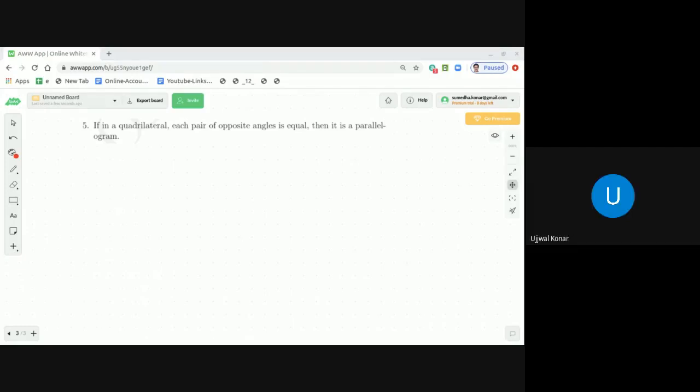For that, let us first construct a quadrilateral, not a parallelogram. We construct a quadrilateral in which each pair of opposite angles is equal. As it is going to be a parallelogram, from the beginning the quadrilateral shape should look like a parallelogram.